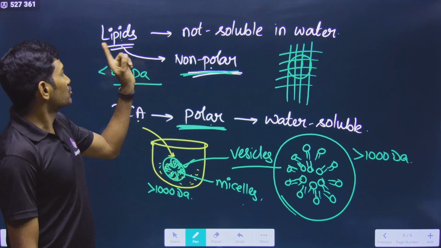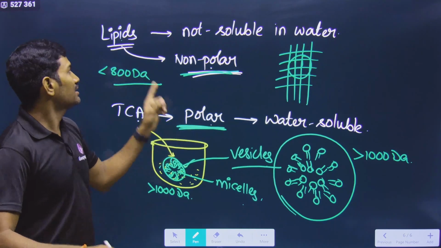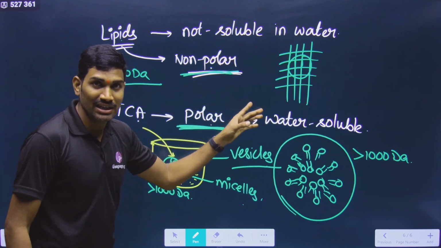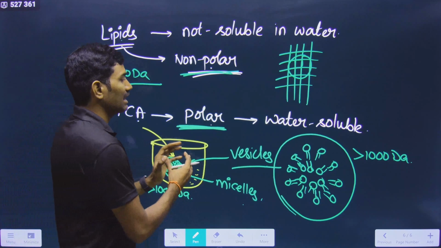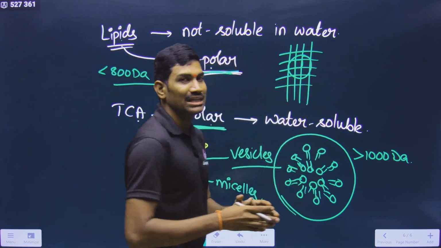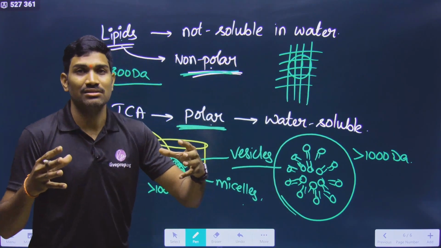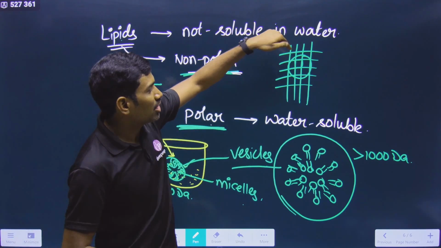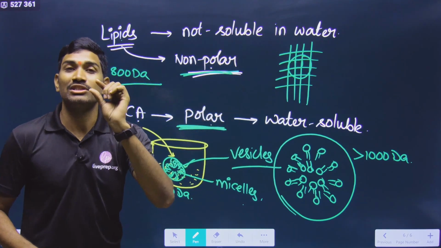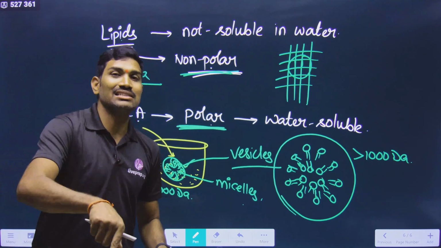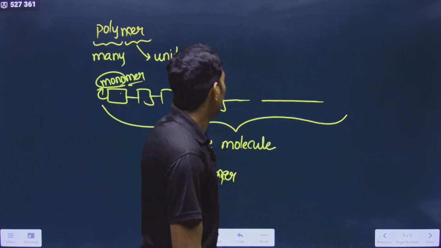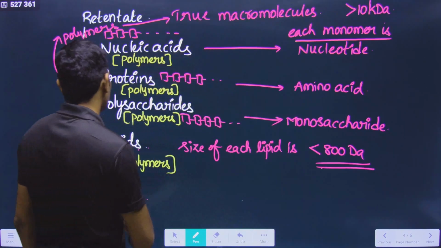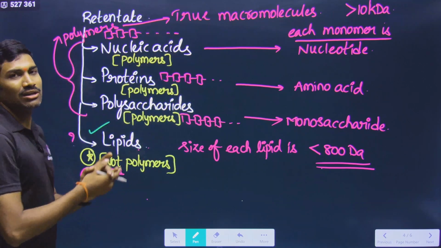But the solvent we used is polar and lipids are non-polar in nature. Because of this, they are forming the vesicles or micelles that are large in size. Since they are forming the large micelles or vesicles, they cannot pass through this small pore of the cheesecloth, and that is the reason why they are present along with this particular retentate.